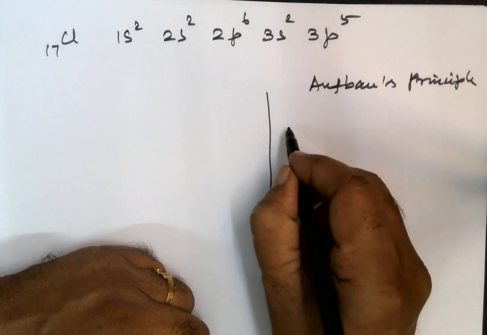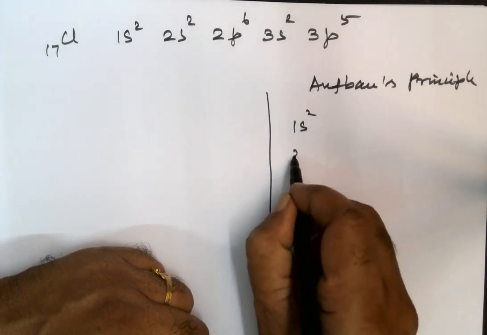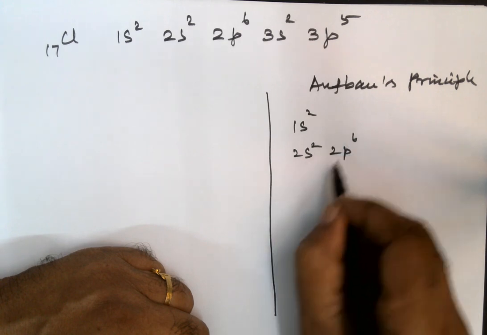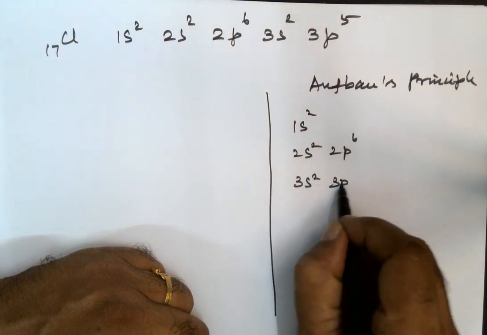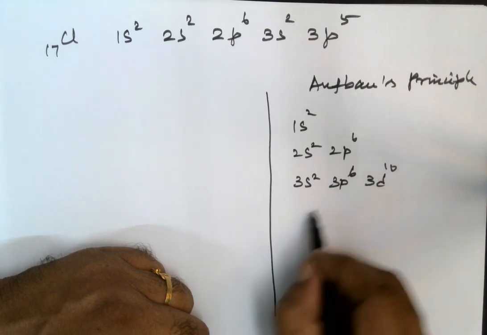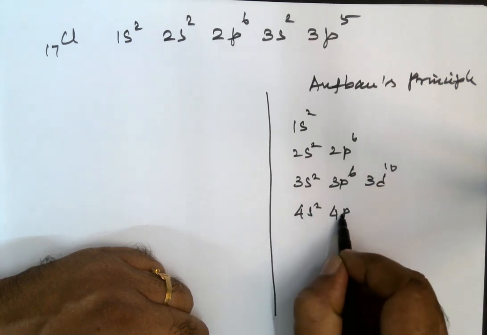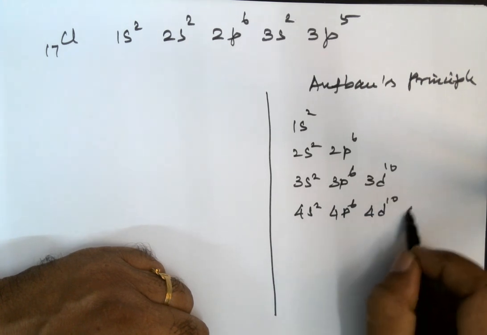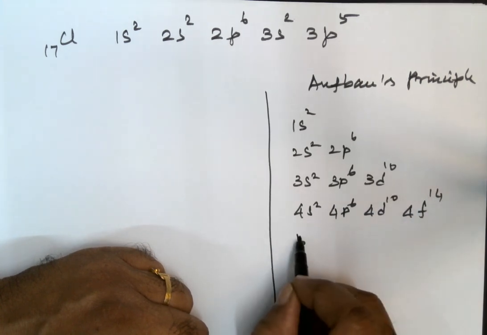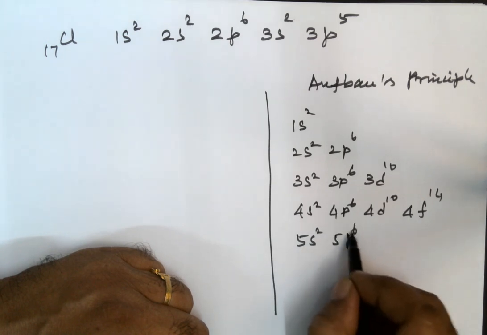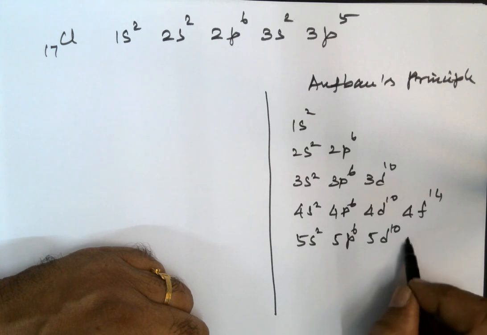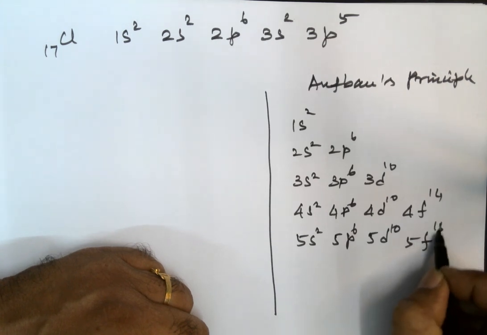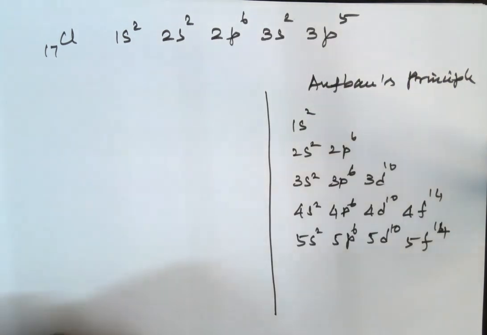So here you have 1s2, 2s2, 2p6, 3s2, 3p6, 3d10, 4s2, 4p6, 4d10, 4f14, 5s2, 5p6, 5d10, 5f14, etc. Now you can indicate the increasing order of energy like this.